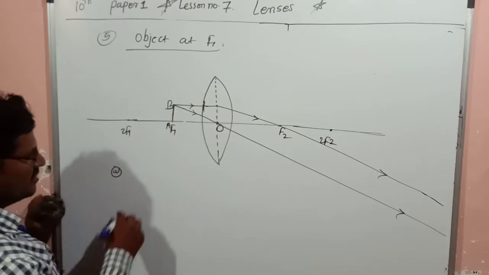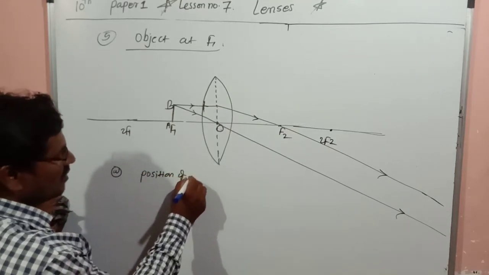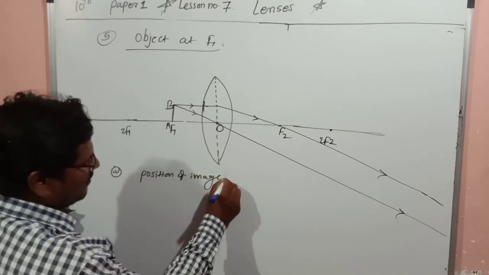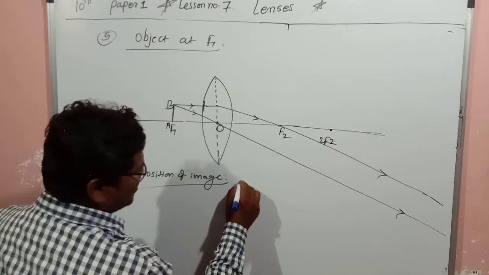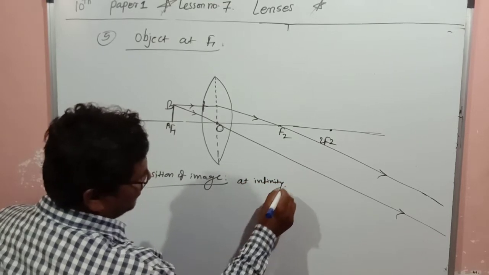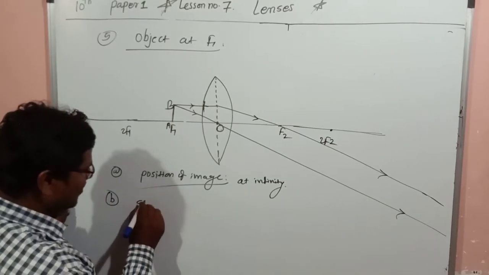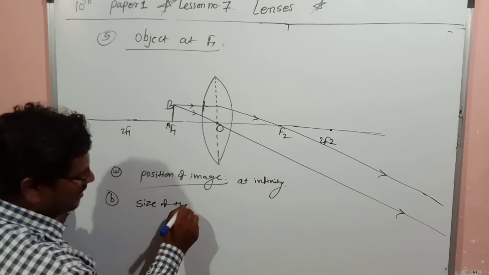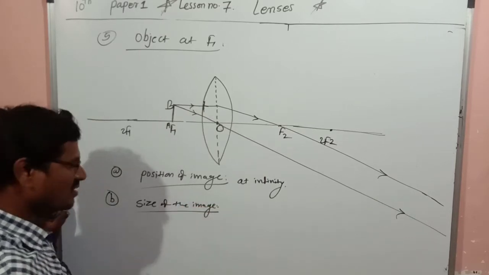So those 3 points: first, the position of the image, where the image will be produced. The position of the image is at infinity. The second point is the size of the image. What will be the size of the image?